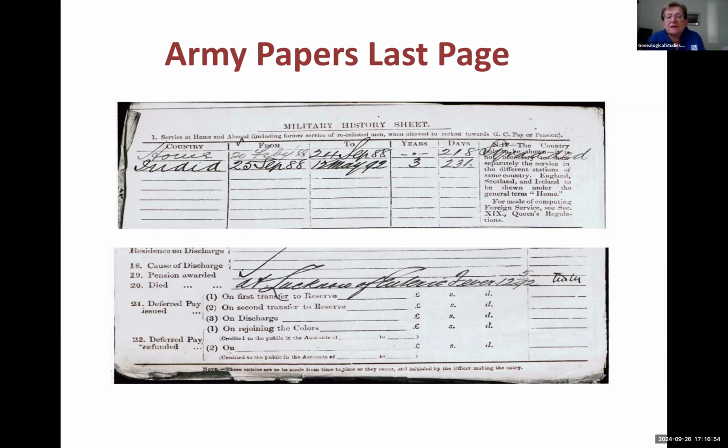But then on the 25th of September 1888, he left for India. So he'd been married to Sarah Coburn less than a month before he left for India. And following down, 12th of May 1892, what happened then? He died at Lucknow of enteric fever on the 12th of May 1892.